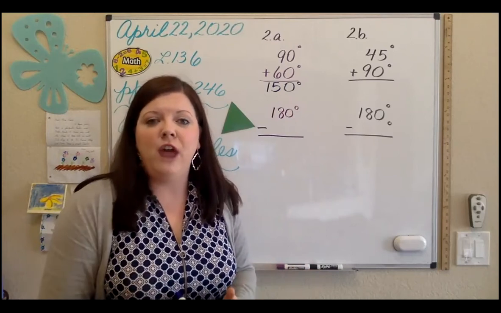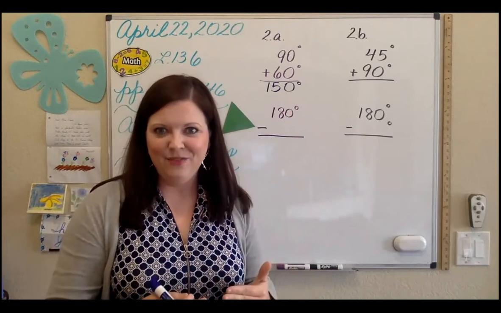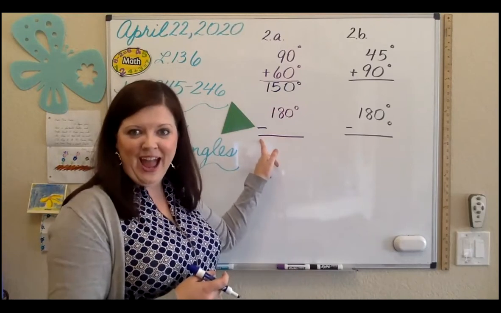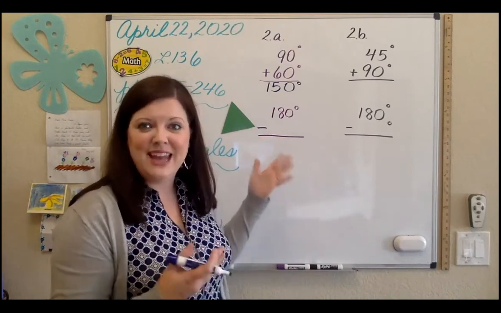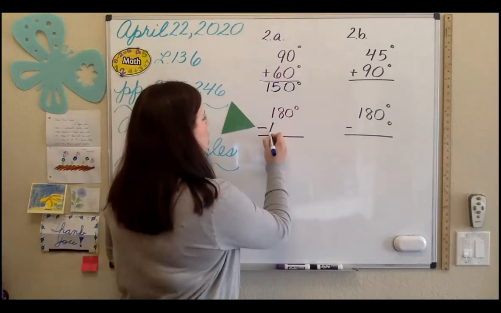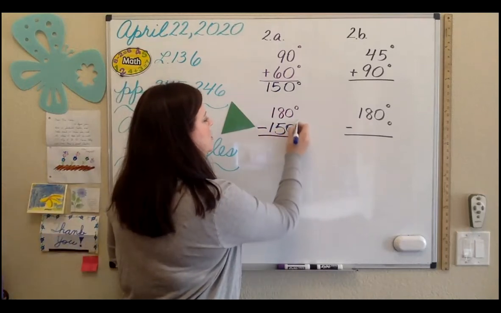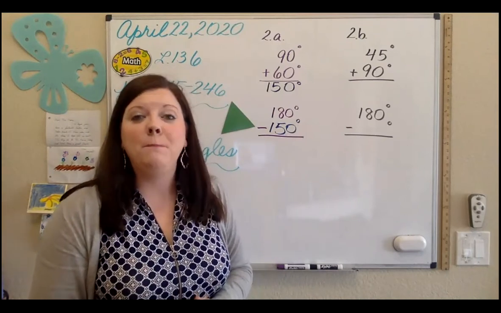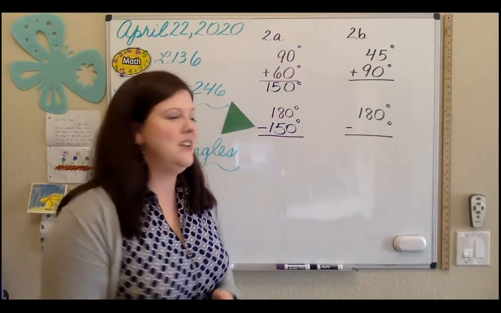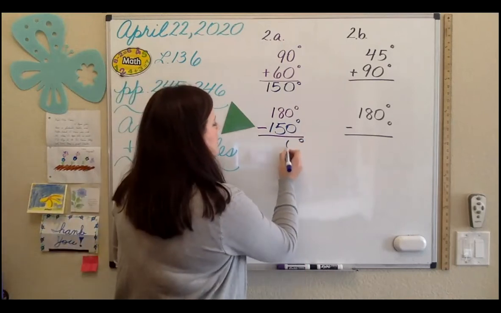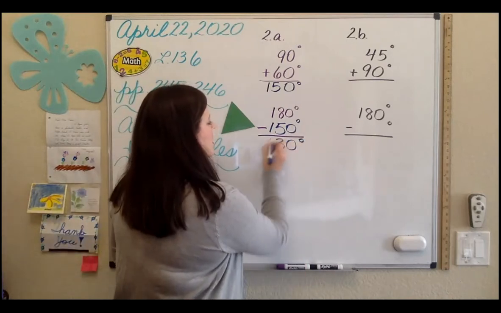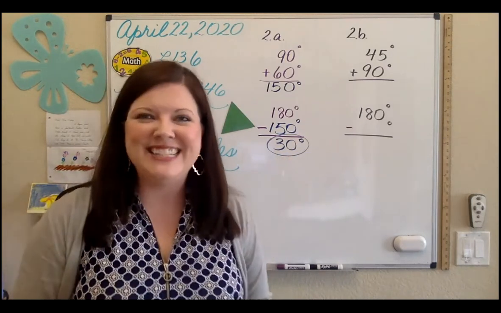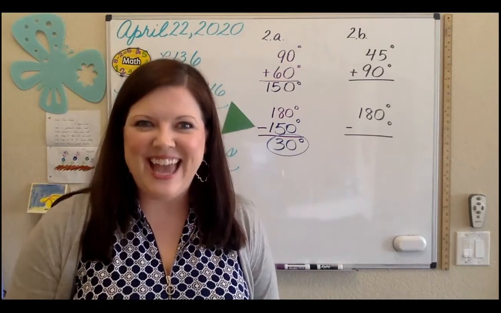In order to figure out what is left, ooh, there's our key word, we must subtract to figure out the difference in how much is left. 150 degrees will be our subtrahend. 180 degrees will be our minuend. Let's subtract to find the difference. The difference was 30 degrees, and 30 degrees is the size of the missing angle.